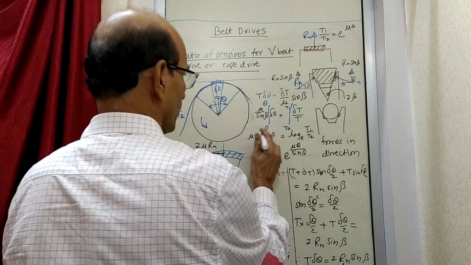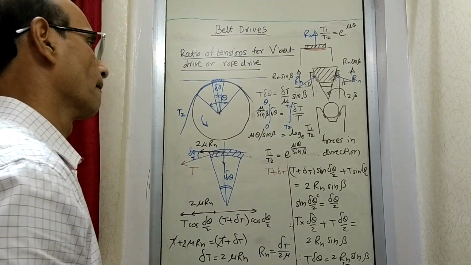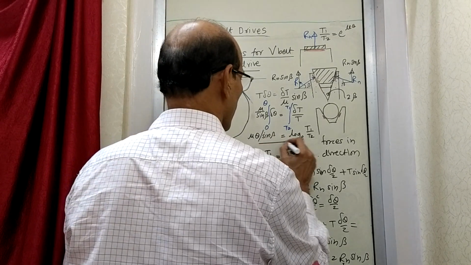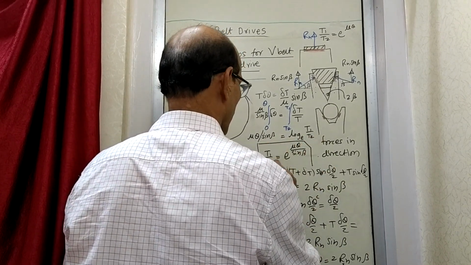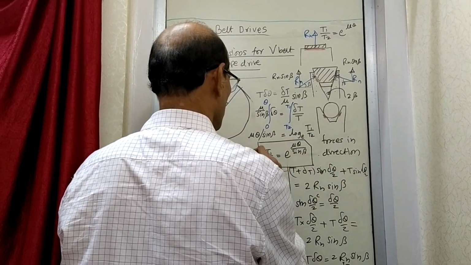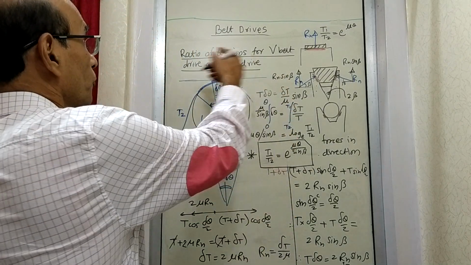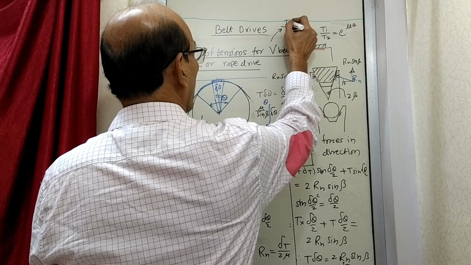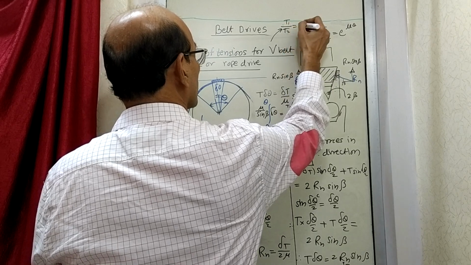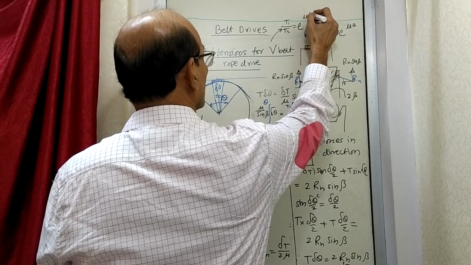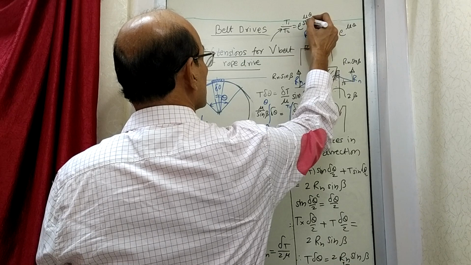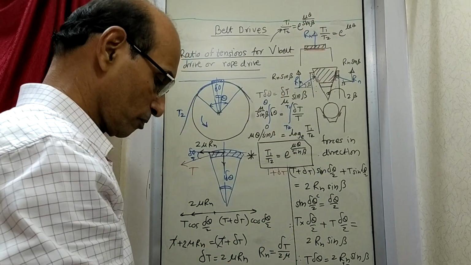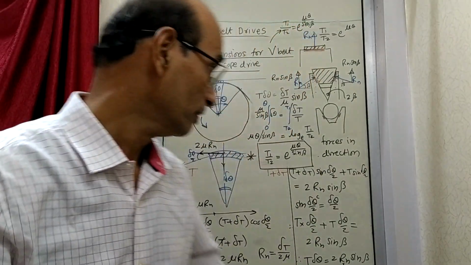So this becomes the required derivation. So for this case, it comes as T1 upon T2 is equal to e raised to mu theta upon sin beta. So that is the final derivation.